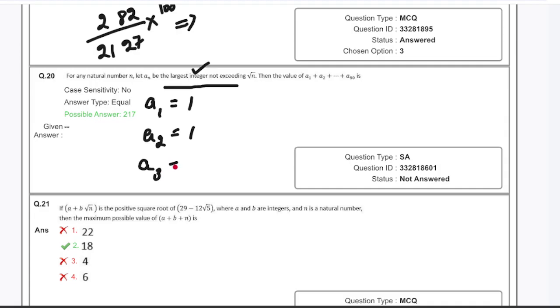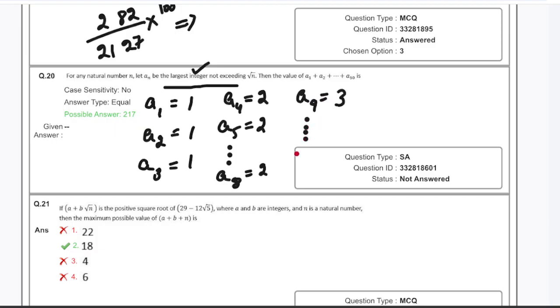A3, again the square root of 3 will be 1 point something, the value is 1. But for A4, we're going to have 2. A5, again 2 point something, the value is 2. It will go till A8, because from A9, we're going to get 3.